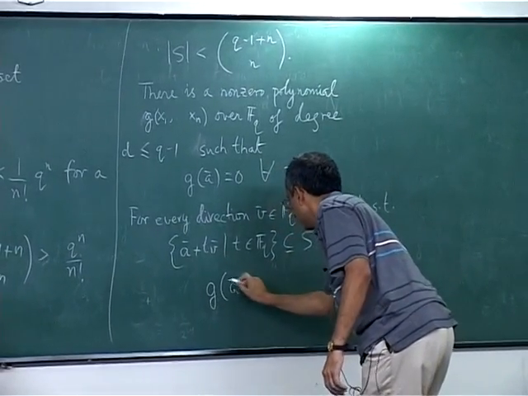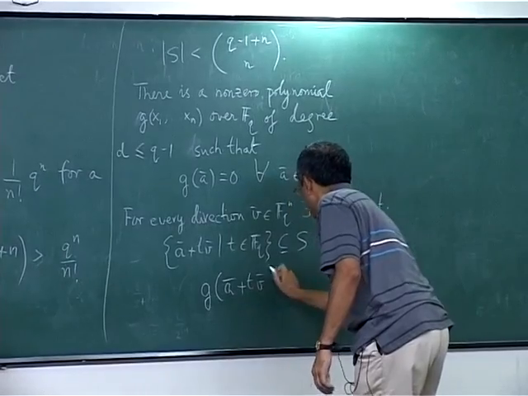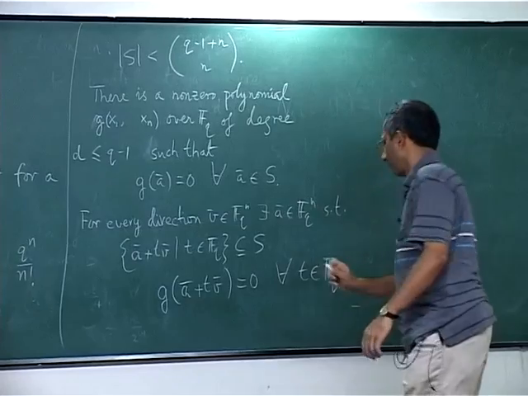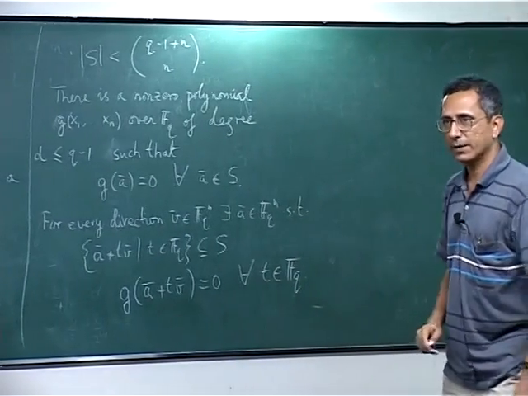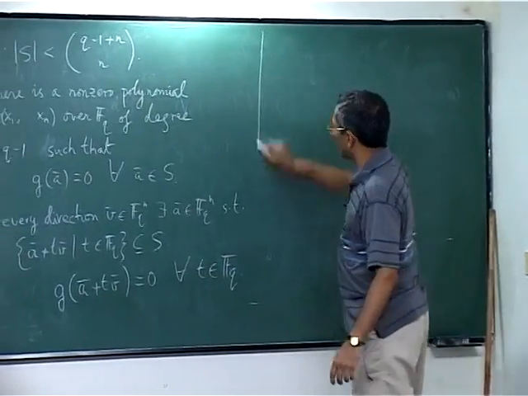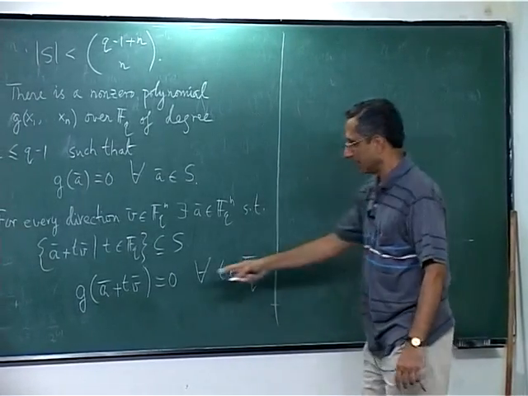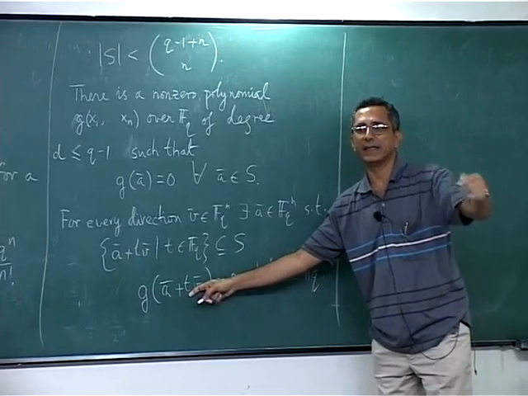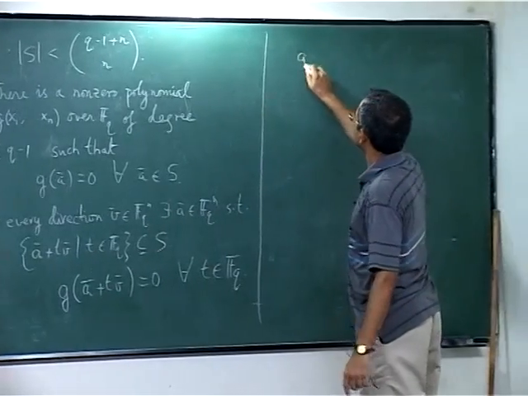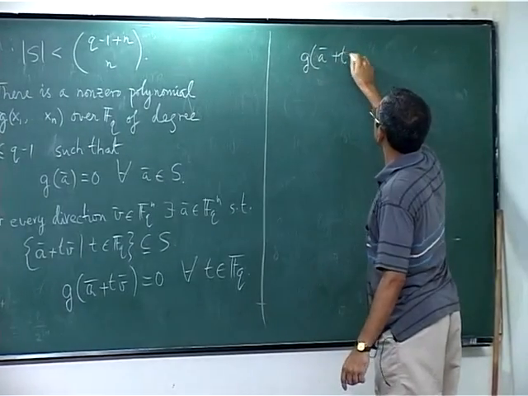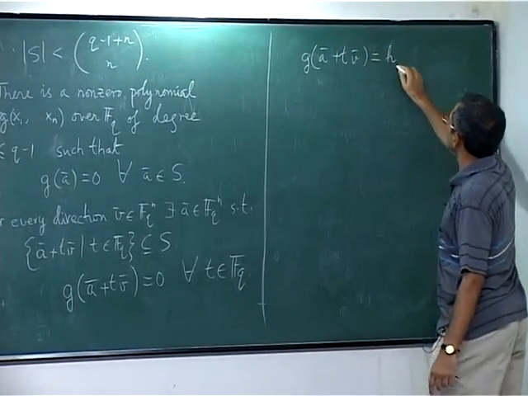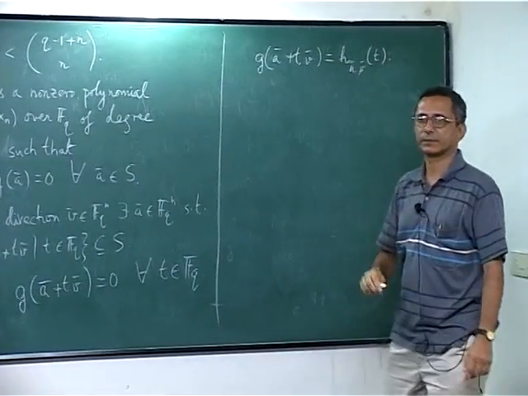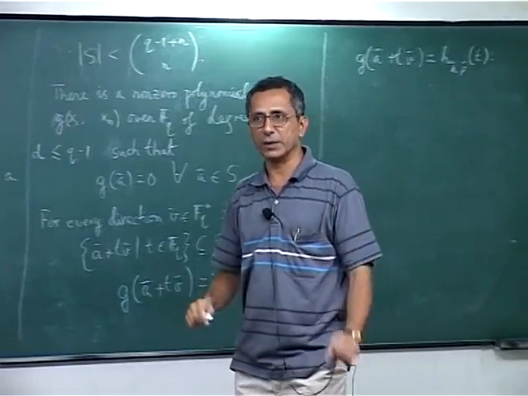This just means g of A bar plus T V bar is 0 for all T in Fq. Now it's a degree D polynomial, as you just said. If you think of T as an indeterminate, this is a univariate degree D polynomial. So let's write g of A bar plus T V bar exactly as we did last time as h of A bar V bar of T. It's a polynomial in one variable T.